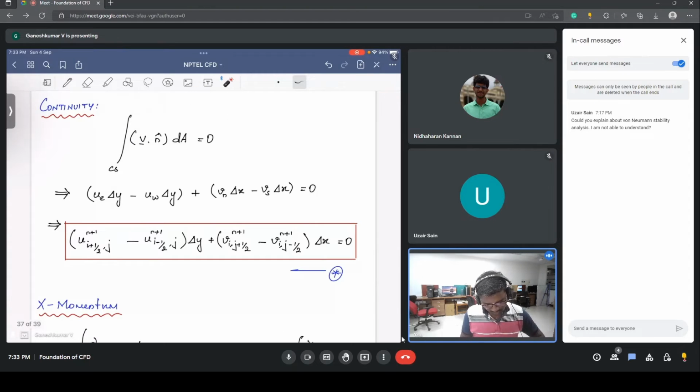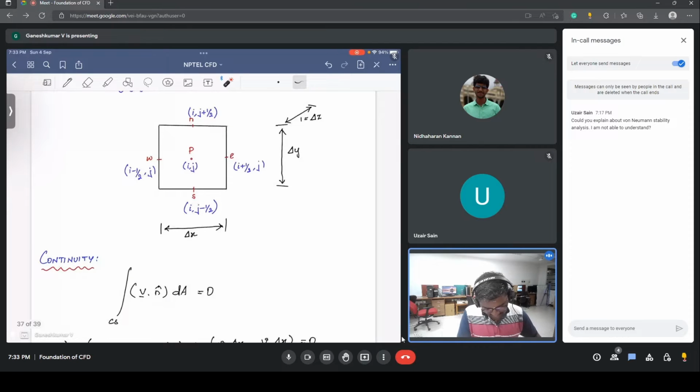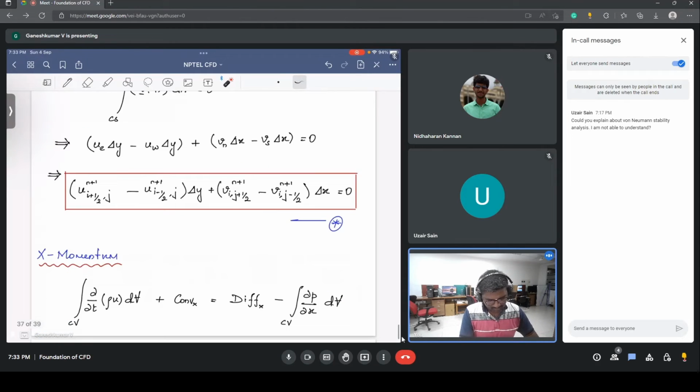We will convert this east, west, north and south in terms of i and j. The present cell would be i, j; east would be i plus half, j; west would be i minus half, j; south would be i, j minus half; and north would be i, j plus half. This is standard notation.